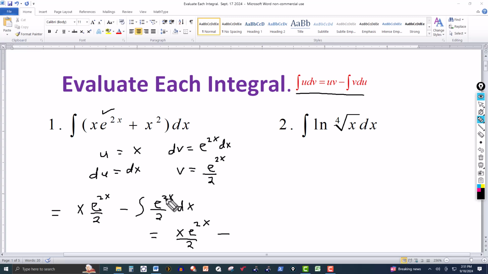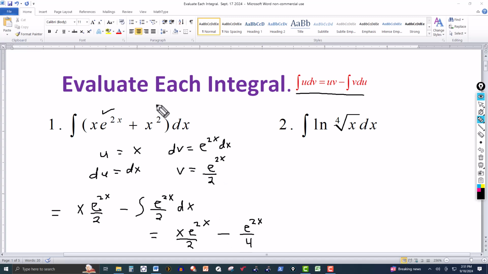Well, the derivative of 2x is 2, so divide by that here. So this becomes a 1/4. I'll write it as e to the 2x times the coefficient 1/4. Oh, I'm sorry, by 1/2, because you have the 2 there, you have a 4 here. So you have x e to the 2x over 2 minus e to the 2x over 4.